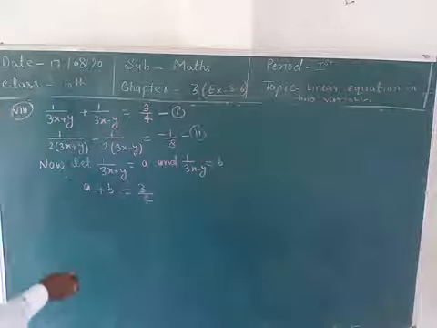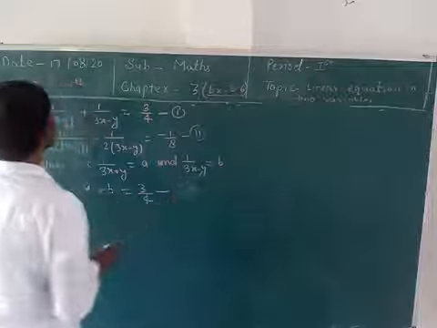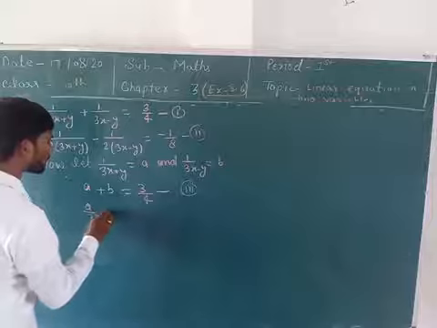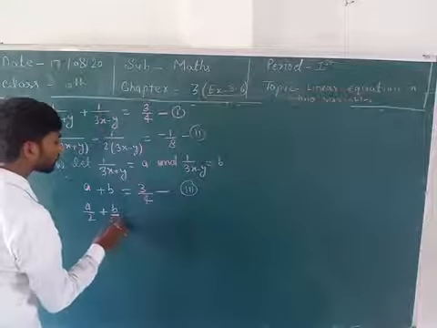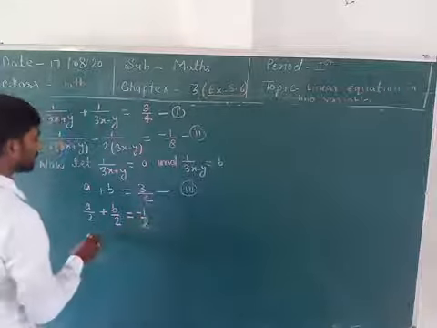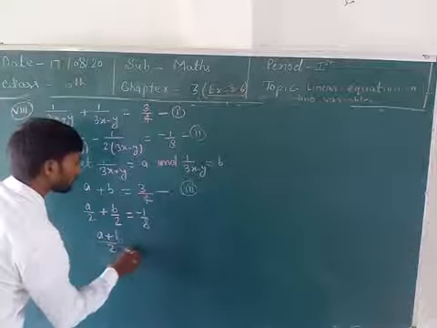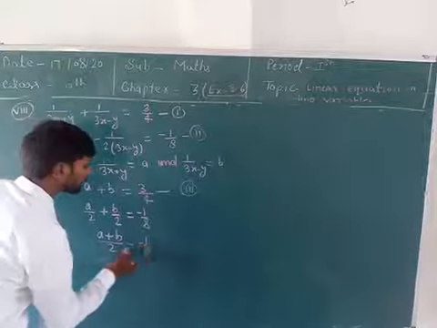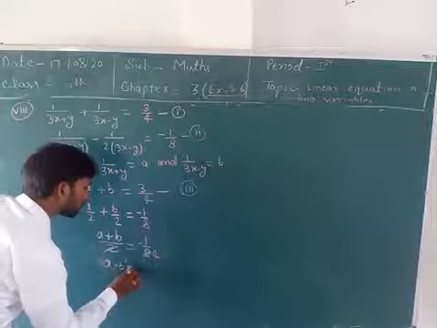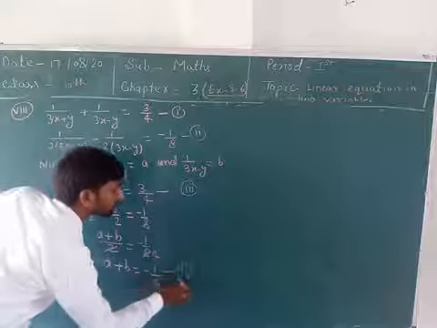This is equation 3. And a/2 minus b/2 equal to minus 1/8, means a minus b equal to minus 1/4. This is equation number 4.